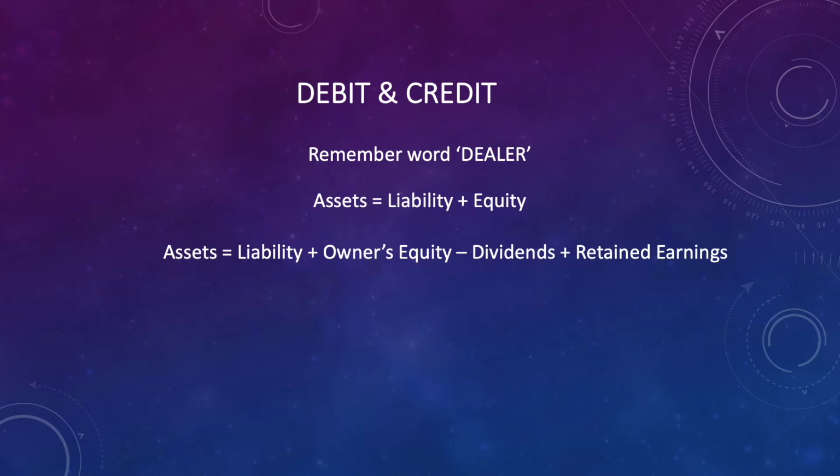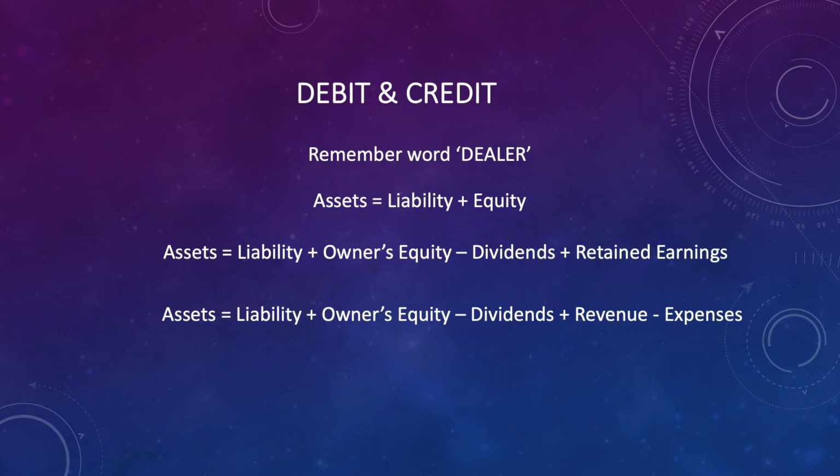Here, equity is broken down into owner's equity minus dividends plus retained earnings, and then retained earnings is broken down into revenue minus expenses. So the whole equation is rearranged as assets equal liability plus owner's equity minus dividends plus revenue minus expenses.